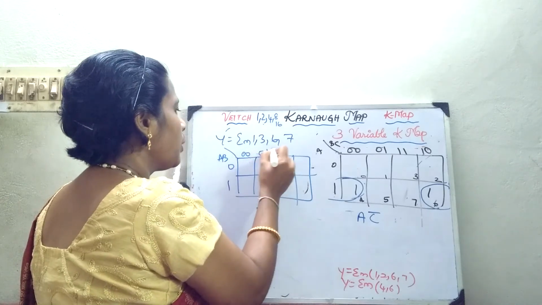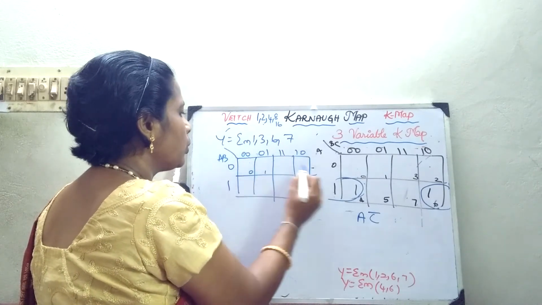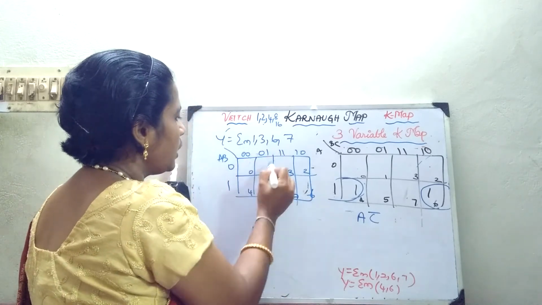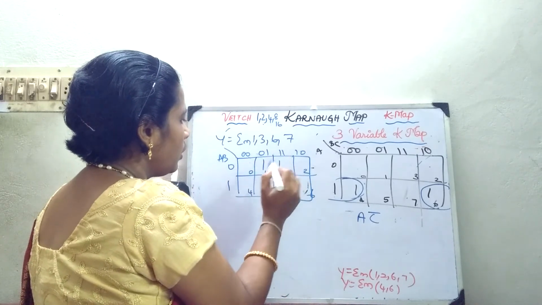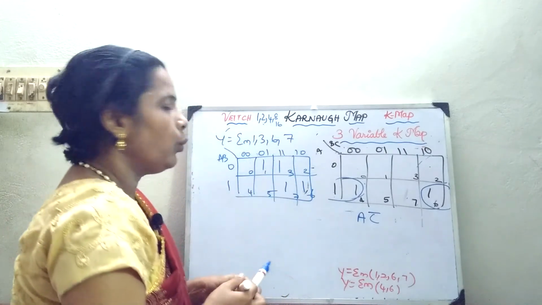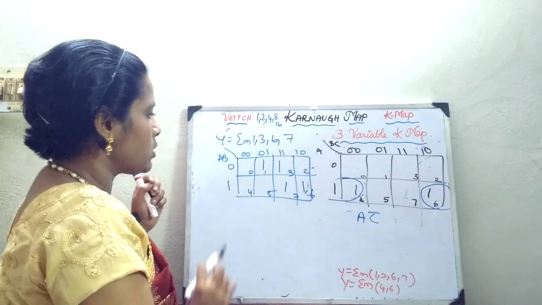I am just taking problems of different combinations so that the students can understand in a better way. Now we will see how to proceed and what the possibilities are.